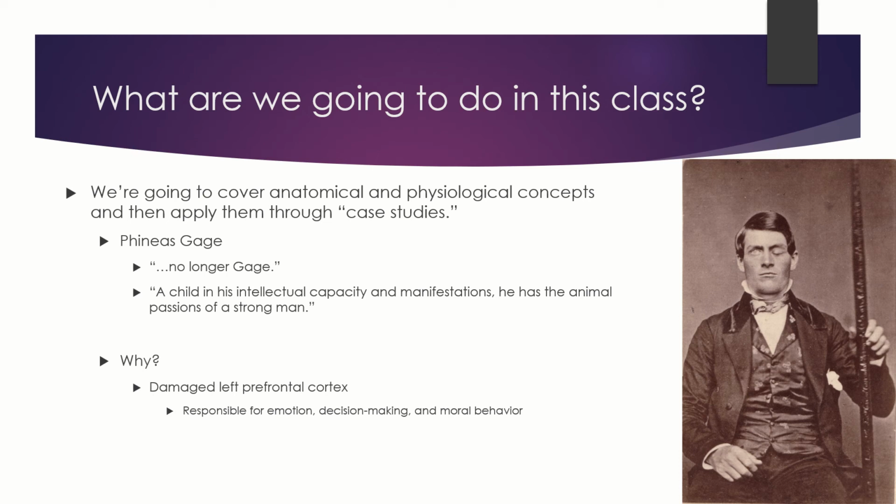So basically what we're going to try to do in this class is I'll discuss the anatomy of the brain. We'll talk about the cerebral hemispheres, the cortex, and all of that kind of stuff. And again, that can get kind of boring and dry. So to apply that, I'll present cases like this, or I may ask you questions on the test that are very similar to this.